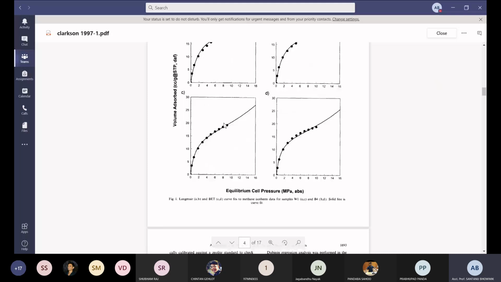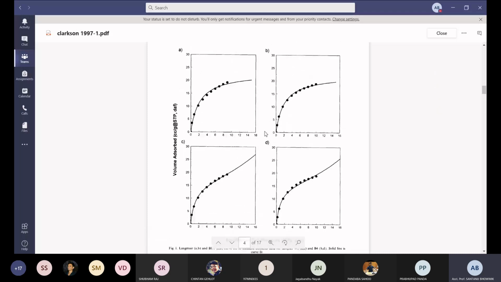These points, the bullets, are the experimental data and the lines are the modeling. And you can see that the nature of the graph between Langmuir and BET are different. If you remember the 6 types of adsorption isotherm graphs, this Langmuir graph is type 1, whereas the BET graph is type 2.